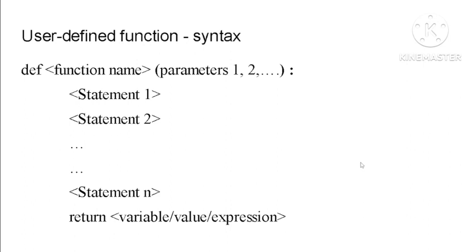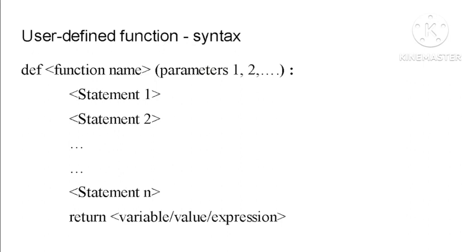Now, how to write a user-defined function? What is the syntax? Syntax is the structure which has to be followed while writing the code. A function should start with the keyword def in small letters, leave a space, and give a name for the function. How should you name a function?